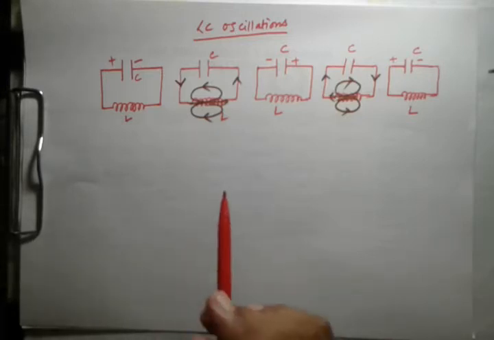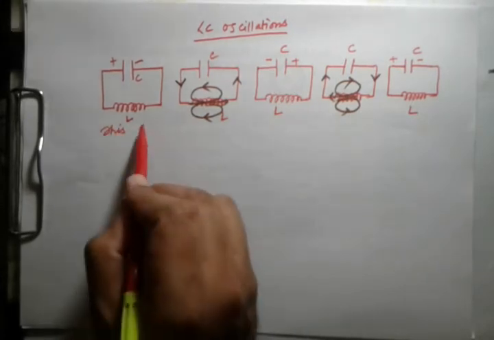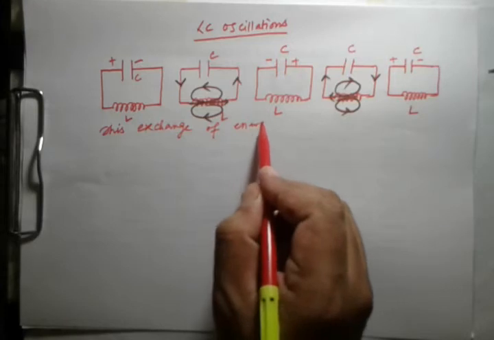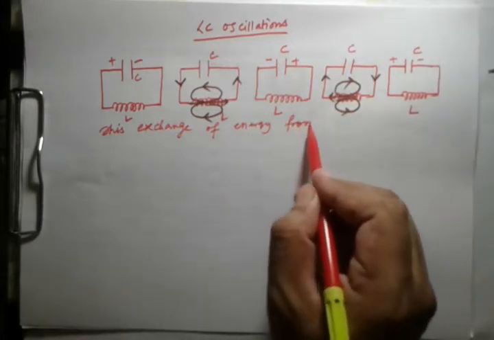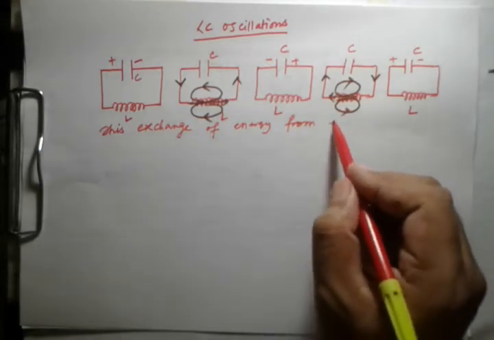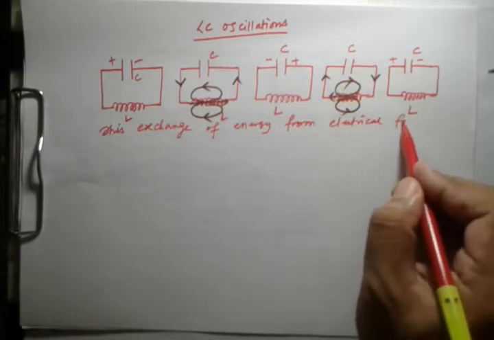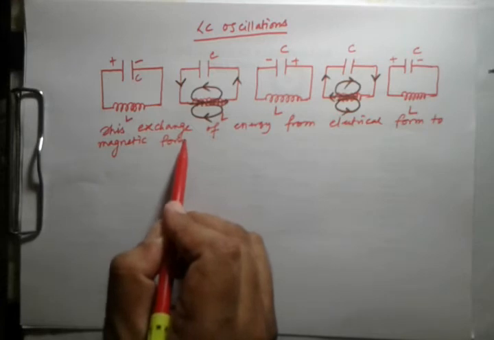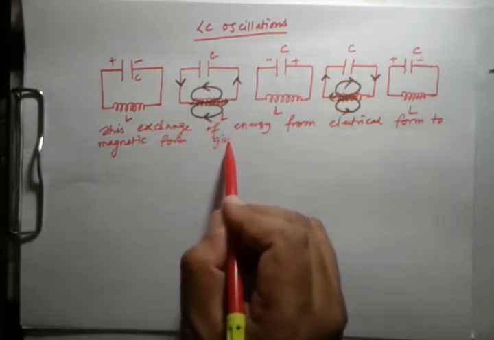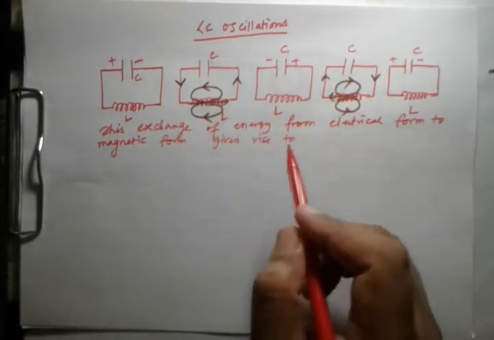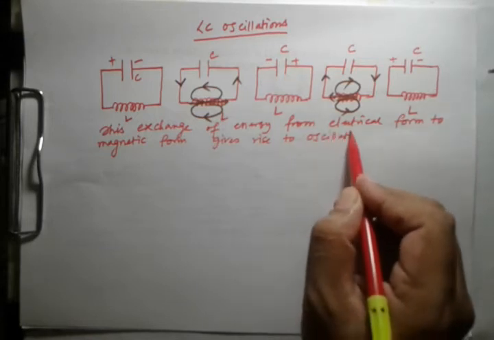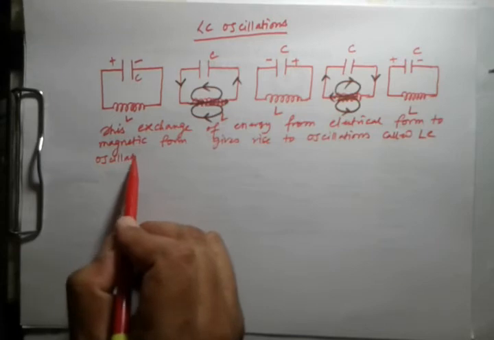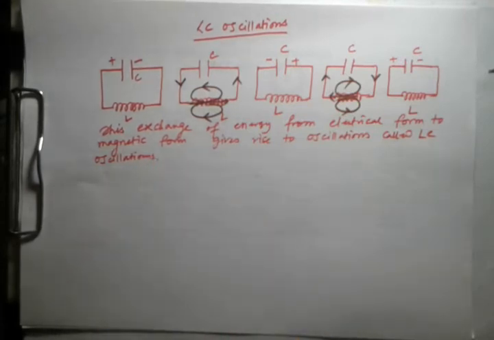You can write this exchange of energy from electrical form to magnetic form gives rise to oscillations called LC oscillations. So this is known as the LC oscillations.